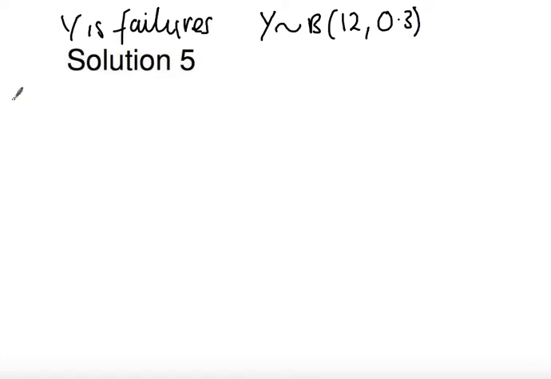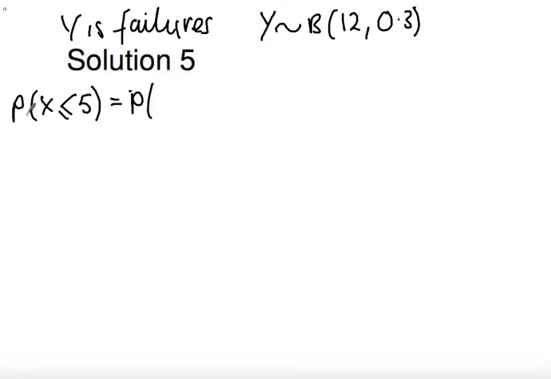So when I calculate probability of x being less than or equal to 5, this means I'm going to have 5 successes or less. So if the highest number of successes is 5, the lowest number of failures is going to be 7.